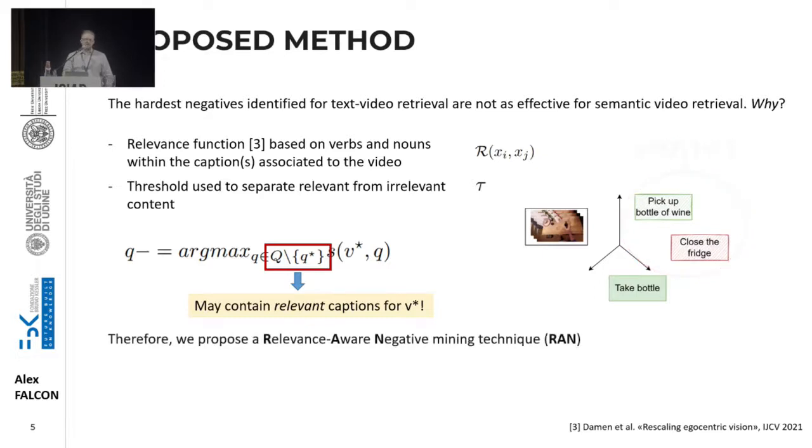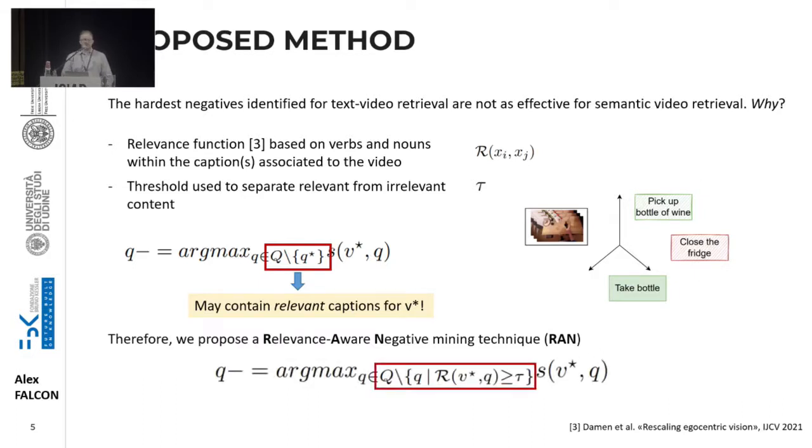Now, what we propose in this paper is a relevance-aware negative mining technique, which is an improvement of the typically used mining technique. It uses the relevance definition to filter out, as can be seen here, all those captions which share a high relevance, higher than tau, with V-star from the negatives pool.